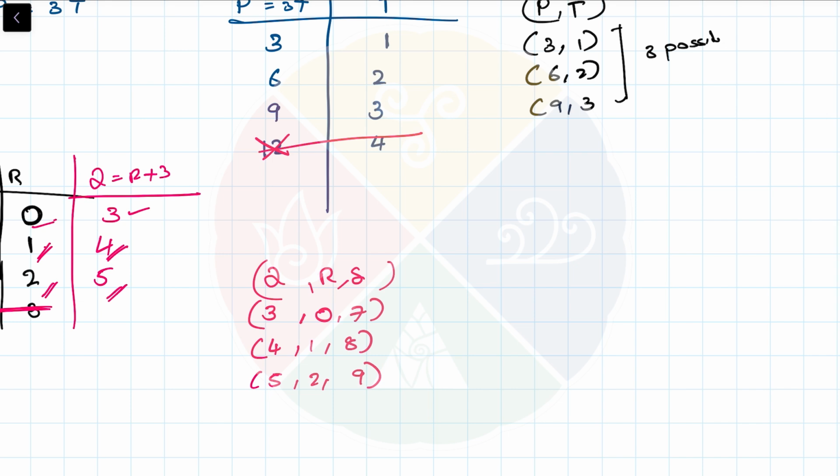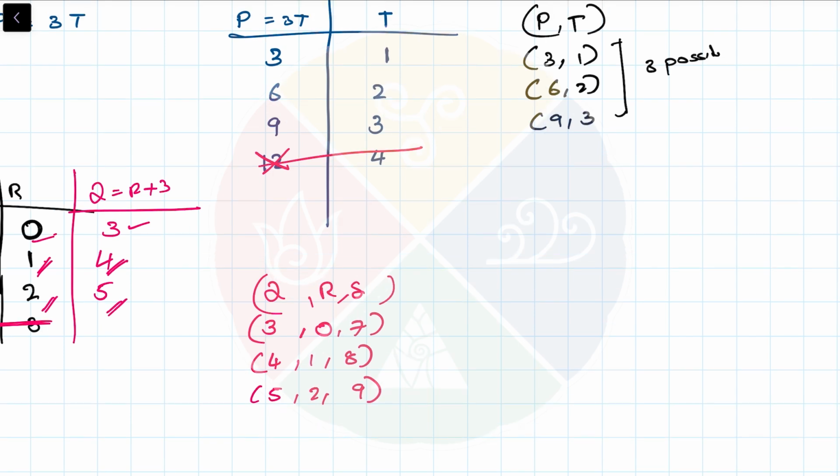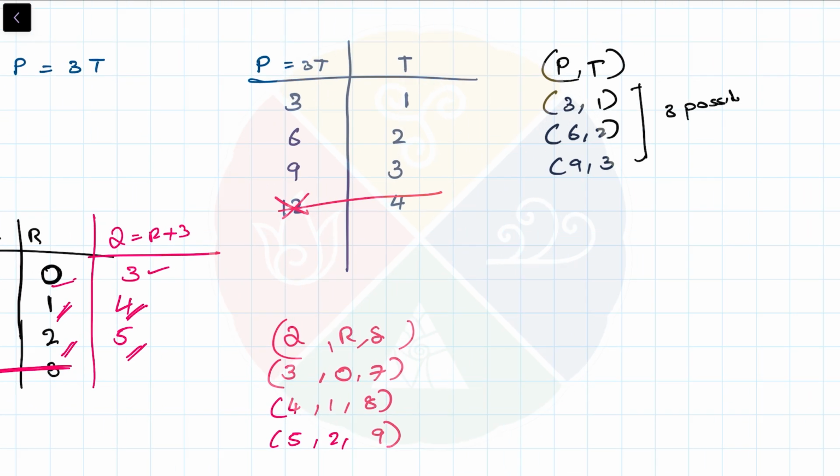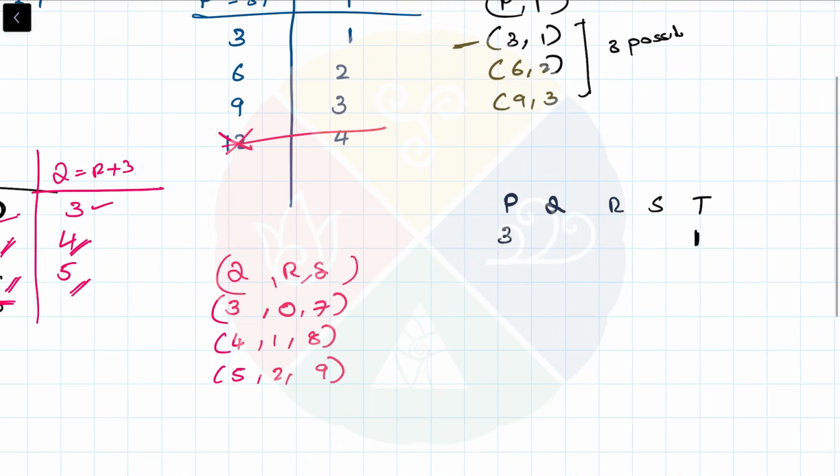Now there is one more problem. All the digits should be distinct. That basically means now we can put all of them together: P, Q, R, S and T. If P is 3 and T is 1, then the first value cannot be selected, because Q cannot become 3 since we assigned the value of P to 3.